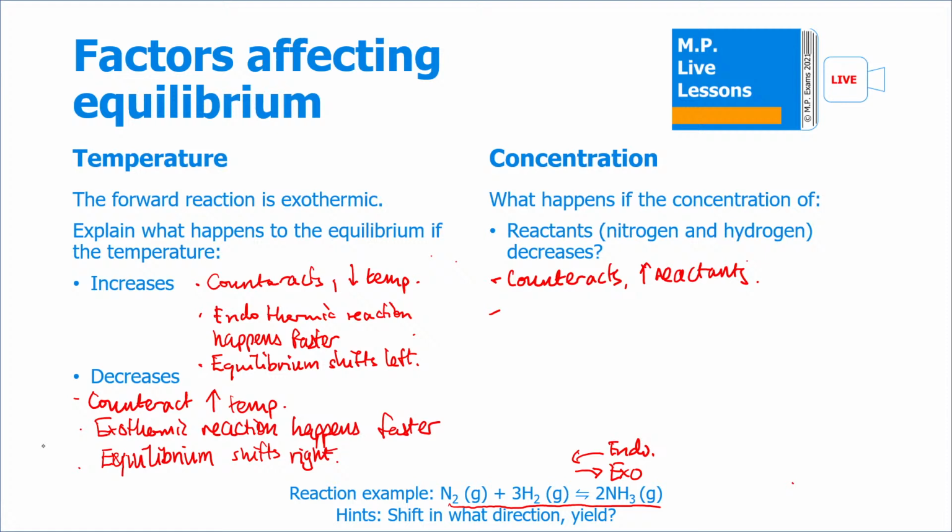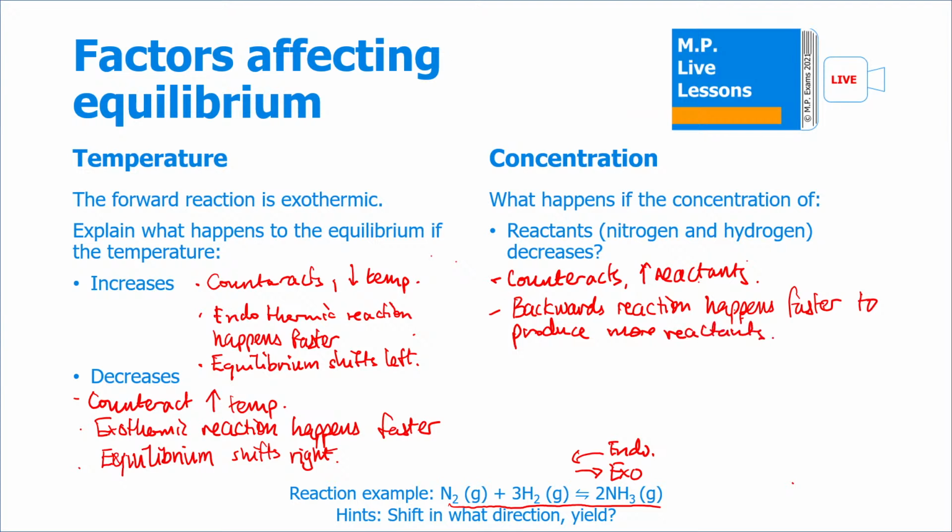So that means the backwards reaction happens faster, which produces more of the reactants. That means the equilibrium shifts to the left.